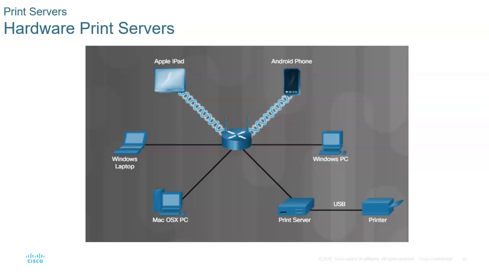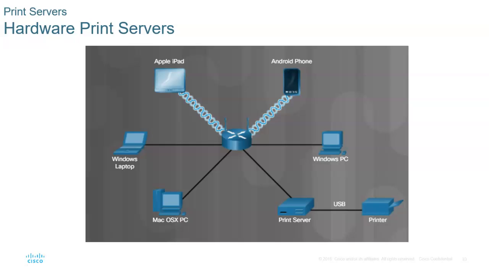Hardware print servers: a simple device with a network card and memory, connects to the network and communicates with the printer to enable the print sharing to occur. In our example, we can see here that our printer is connected via a USB cable to the print server. It can be integrated with wireless devices like a router.